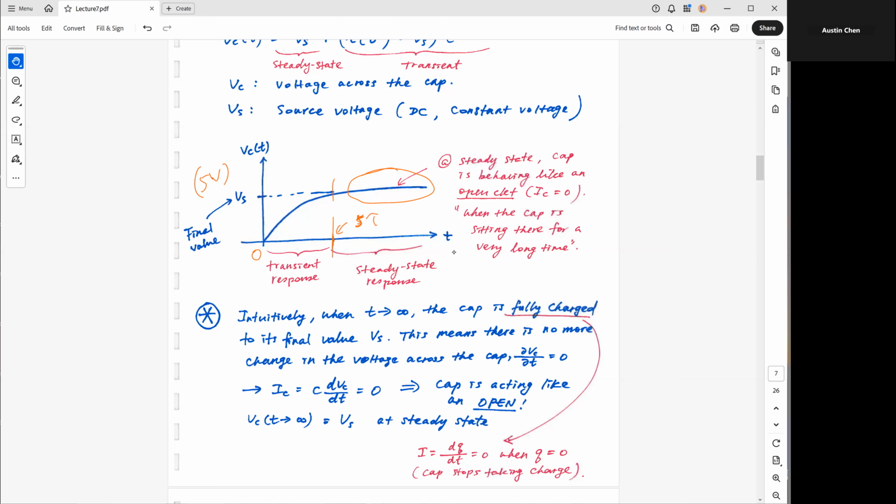Let's say I allow this t to go all the way to infinity. Forget about the 5 tau. I have an infinite amount of time to let this cap sit there forever. In such a case, since the capacitor has been sitting there forever, its voltage is already charged all the way to its final value.